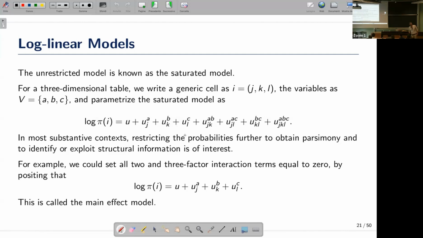You have worked with that, okay? But have you ever thought about what you are removing? You are removing conditional dependencies. So the main effect model is actually like a graph with no edges. When you use that one, A, B, and C are not connected. There is no link between anything. That's the model we are using here.